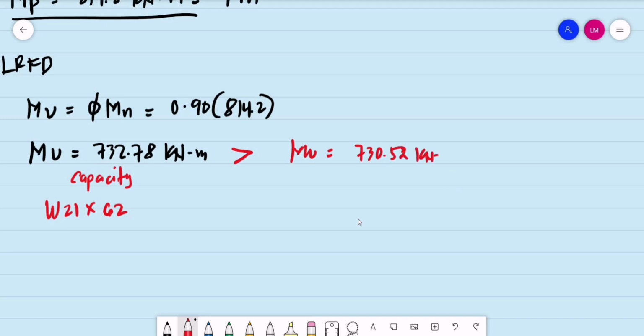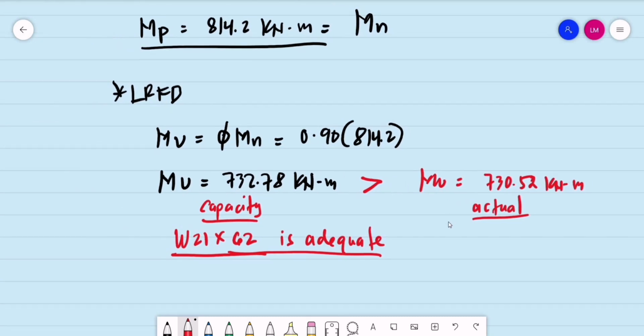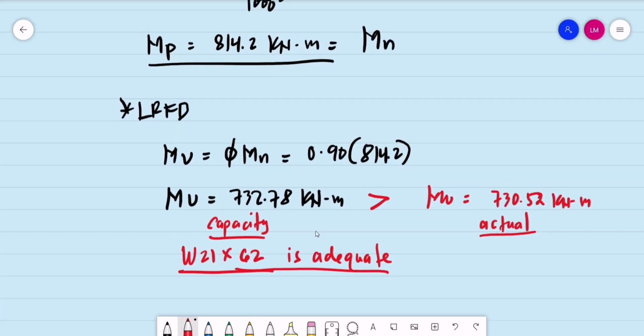So this is the actual ultimate moment. So since our capacity is greater than the actual, we can conclude that the W21 by 62 is adequate, slightly higher than our actual loading.